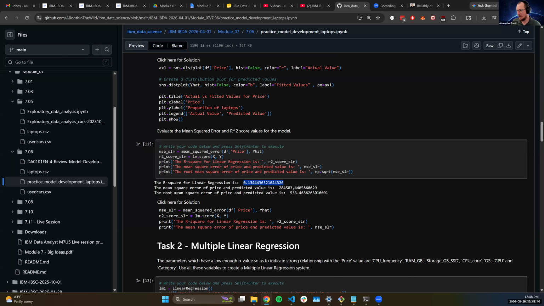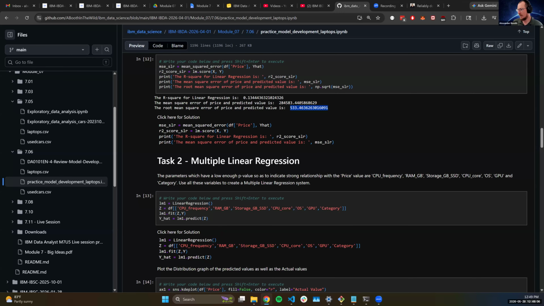And then looking at the root mean squared error, this is like on average, we are off by $533. So if I predict your laptop is $1,000, it could be 1,500 or it could be 500. We have no idea. So that's a pretty big error range here. Typically, for predicting price, we don't want us to be off by a margin that high.